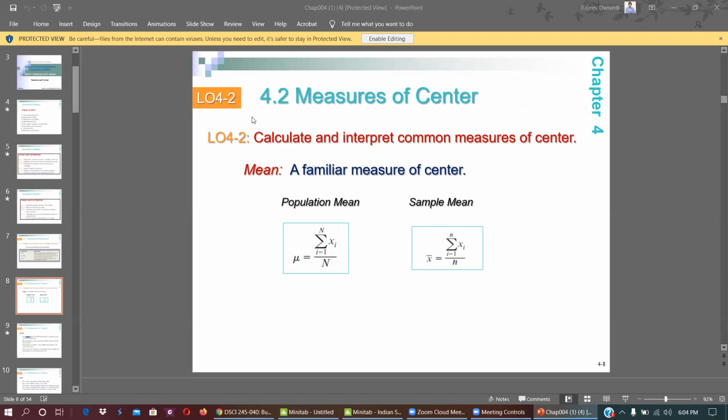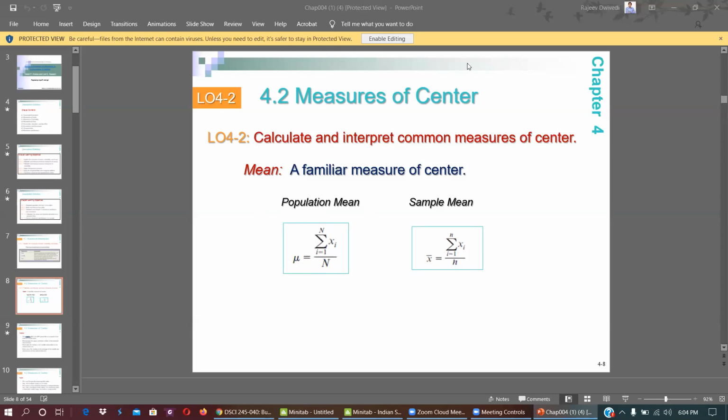So the first three things are mean, mode, median. What is mean, what is mode, what is median? Do you remember? Again, in all these slides, you will see population mean and sample mean. What is the difference between population mean and sample mean?